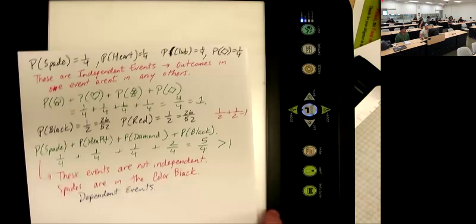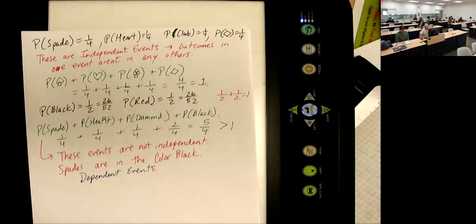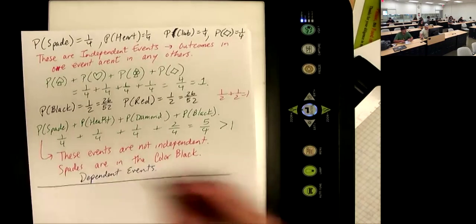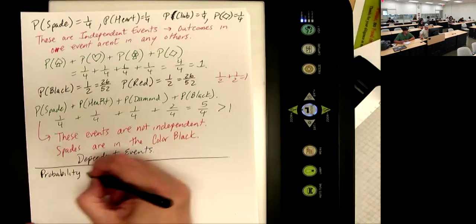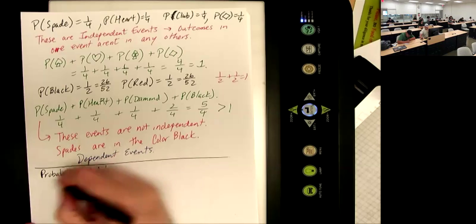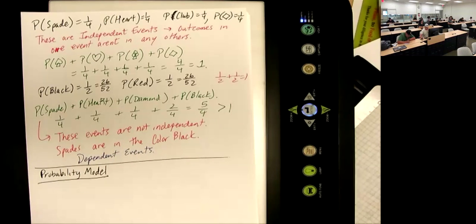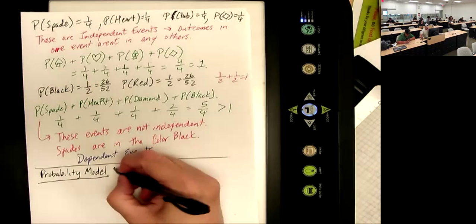Okay, so, something called the probability model. This is usually listed or given as a table.